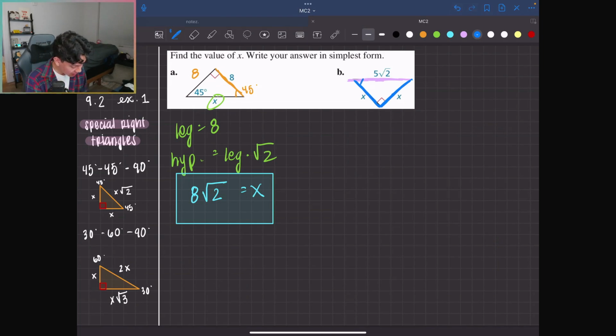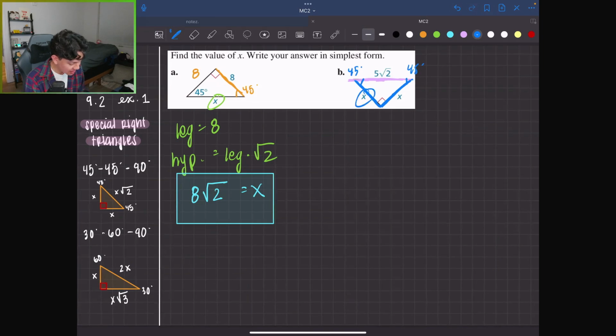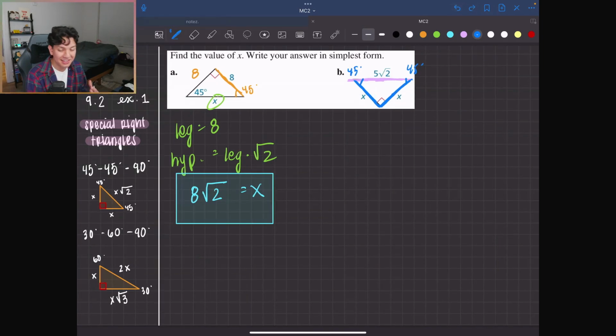So we can automatically tell that this is a 45-45-90 because these side lengths are the same, x and x. So we can assume that this triangle is an isosceles triangle, or 45-45-90 as well. So remember, our leg is going to be x. So our hypotenuse is going to be your leg times root 2.